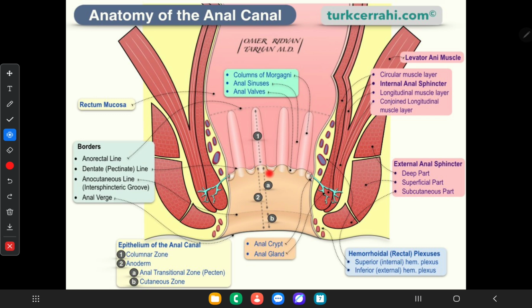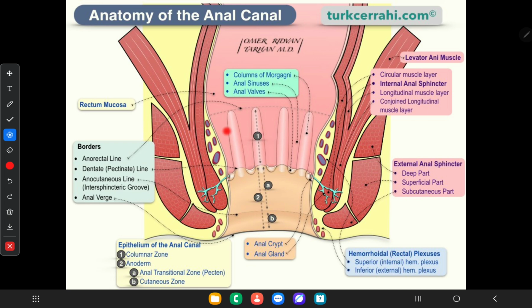The third important feature in this area is the anal sinus. The space above each anal valve is called an anal sinus. The anal glands open into those sinuses.